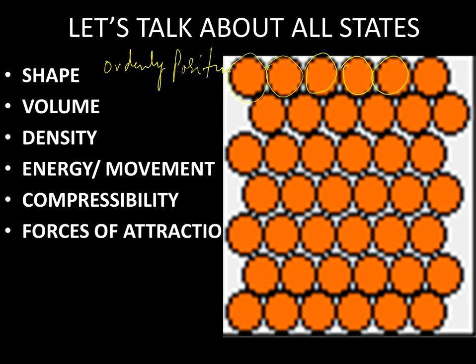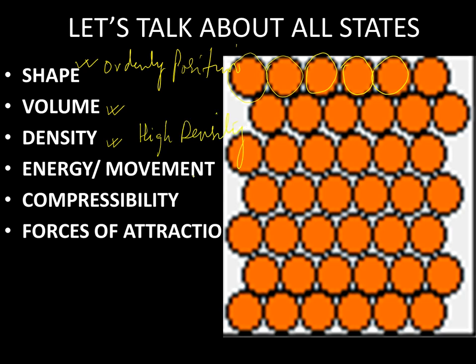That's why they have a definite shape, and that is the same reason they have a definite volume, because they are not moving from their positions. And you see so many particles are tightly packed together. That's why solids have a very high density. Yes, that's the main reason.